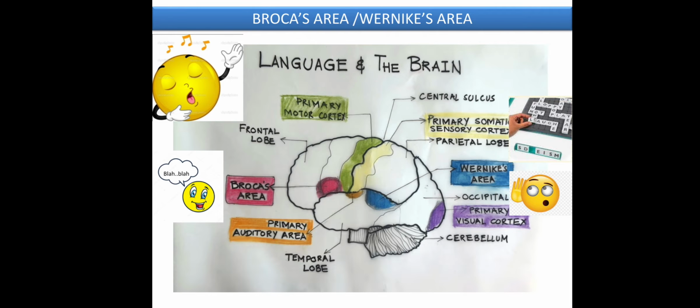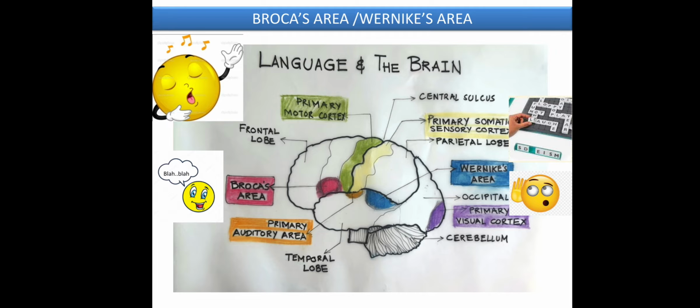Moving on to Broca's area and Wernicke's area. Now, Broca's area is partly responsible for the ability to produce and process language, and a person with a damaged Broca's area will lose the ability to produce intelligible words.